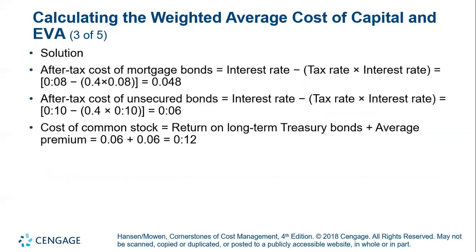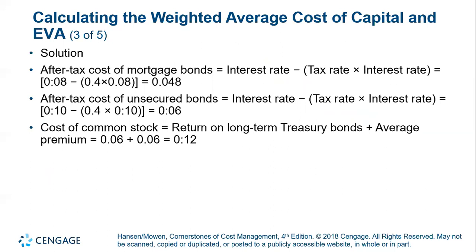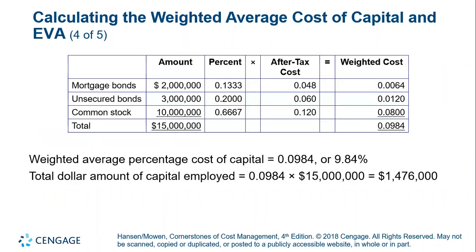The after-tax cost of the unsecured bonds is 0.06, and for the common stock, we have now 12%. So all in all, we have the weighted cost of capital.